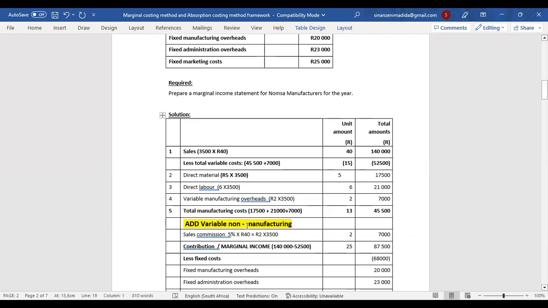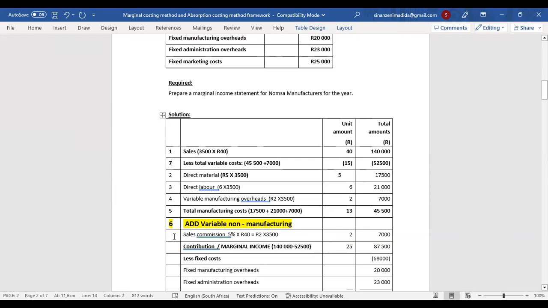These are variable expenses, but they were incurred after the manufacturing process. This is our commission. It is referred to as non-manufacturing overhead. Then if we add the two, our total manufacturing cost and our non-manufacturing overhead, we go back to our less variable cost. That becomes our stage number 7.